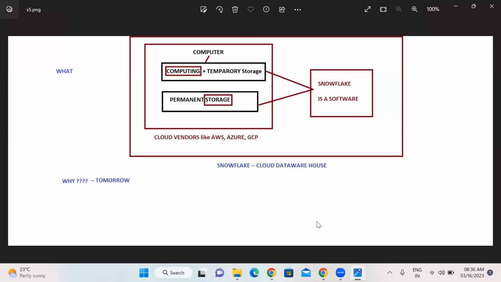It is an electronic device which is used to process our data. It consists of CPU, RAM, memory, keyboard, mouse, network cables, cabinet.